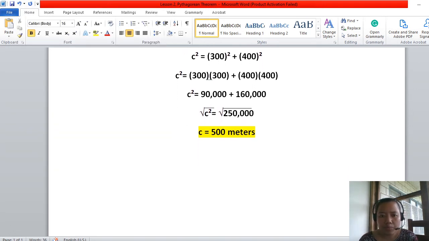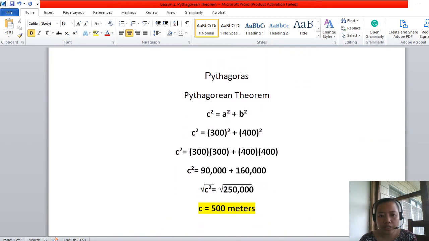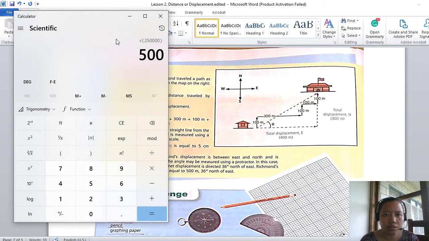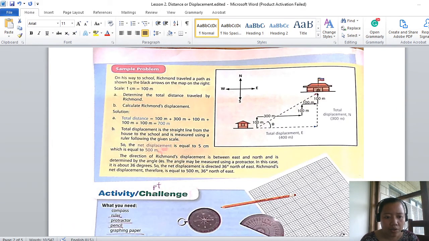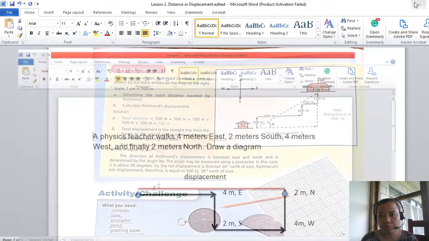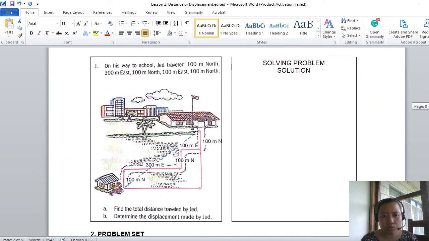So this is an example of calculating the total displacement. On the other hand, we have another example. Okay, let's move forward to our apply the concepts. So this is very easy.